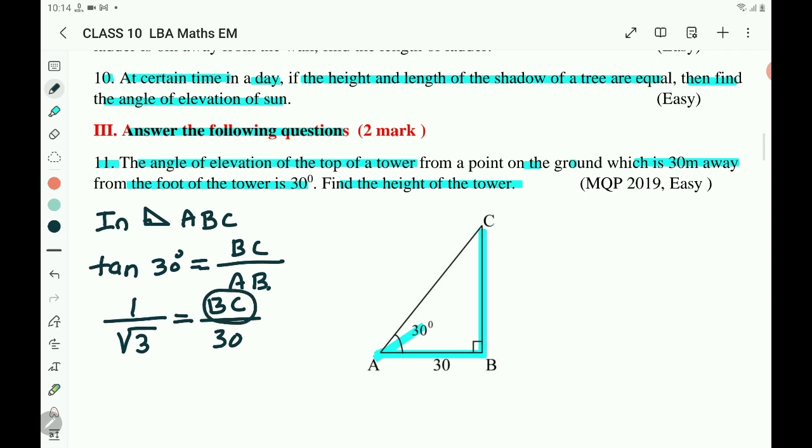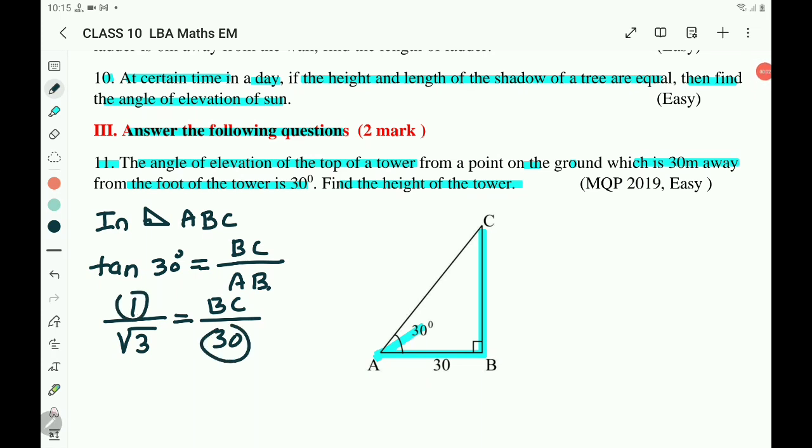Here BC is to be find out. Then you do 1 into 30 by root 3 is equals to BC. Here no need of transfer of this root 3 to the RHS, because we have to find out BC. So write BC in one side and the remaining in the other side.